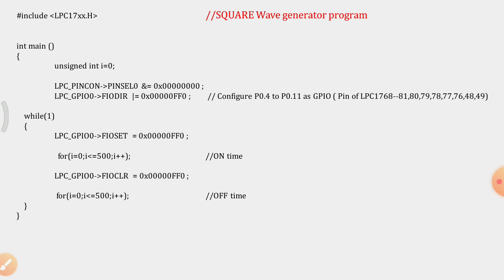The LPC1768 has a 10-bit DAC, digital to analog converter block, which has a register DACR, the DAC register, which is the main important thing here. This DAC block takes a digital input value, which is written into the DACR register, and it is converted into an analog output.